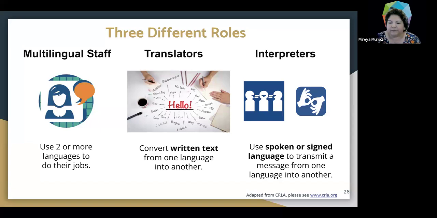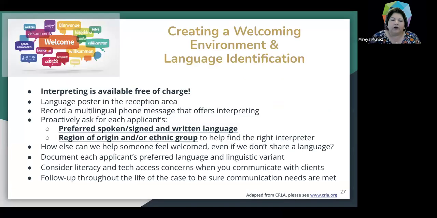Okay, next slide. One of the things that we at Pals for Health and as language advocates really like to emphasize is creating an environment in which our LEP, our limited English proficient, communities feel welcome.